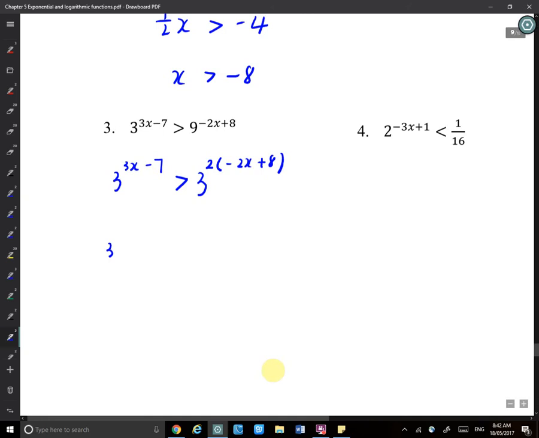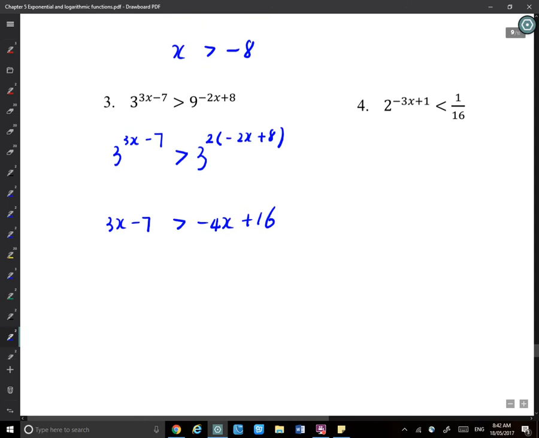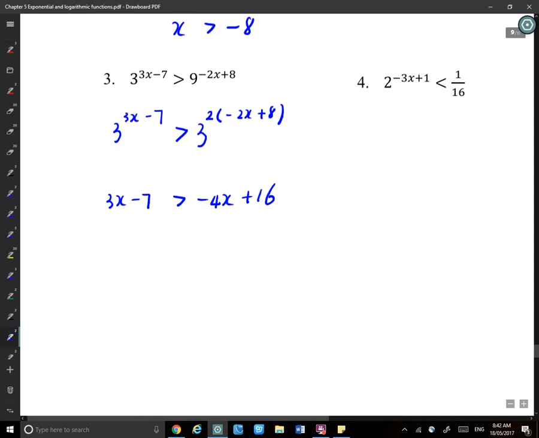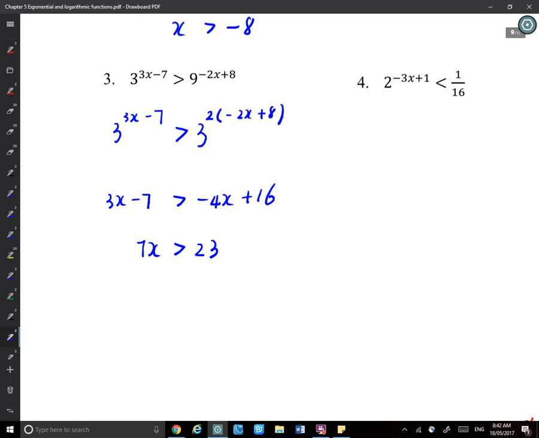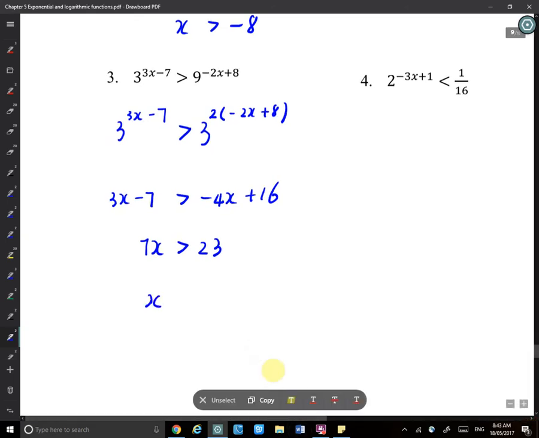I can directly write the relationship for the power. Okay, 7x greater than 23, not 27. And your x will be greater than 23 divided by 7.